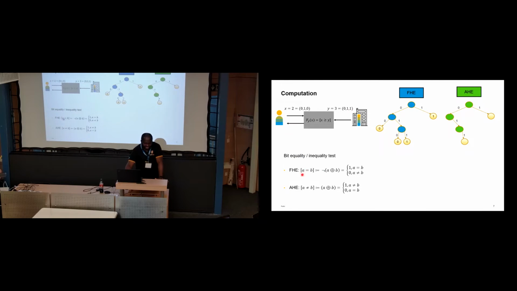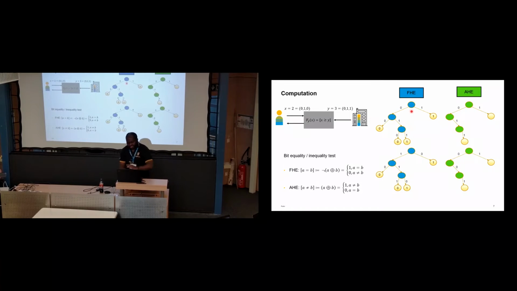If it is FHE, we compute equality bits between the input and the edge labels. So here, for example, we compare these bits, and because they are equal, we have a 1 here and a 0 here. For AHE, we use inequality, so we will have 0 and 1.